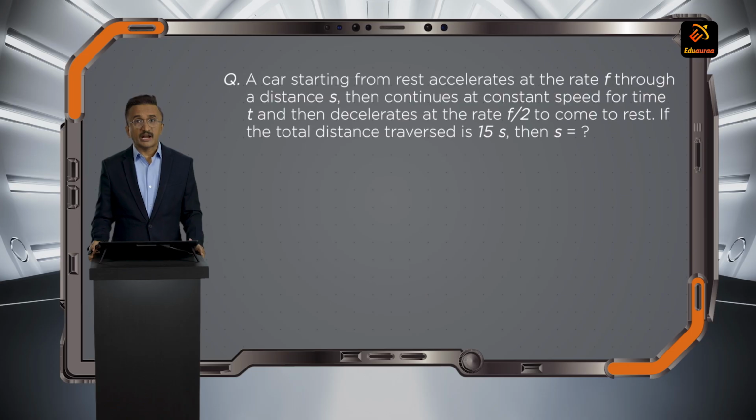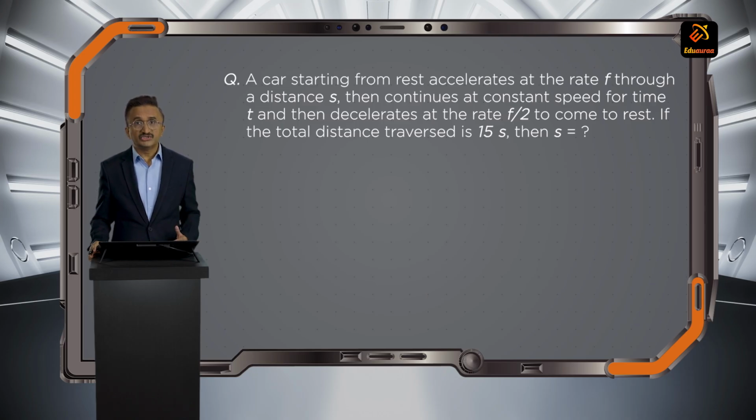Now we have the next question. A car starting from the rest accelerates at the rate f through a distance s and then continues at a constant speed for time t, and then decelerates at the rate f by 2 to come to rest.